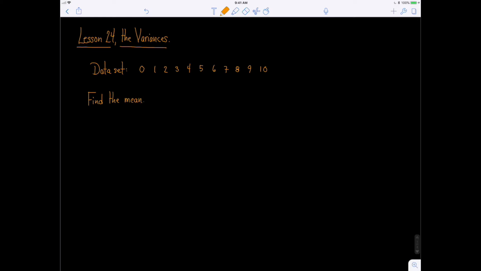Now, I'm going to give you a little bit more. This is my data set, the numbers 0 through 10, and we're going to make an assumption. We're going to assume that this is all possible numbers.